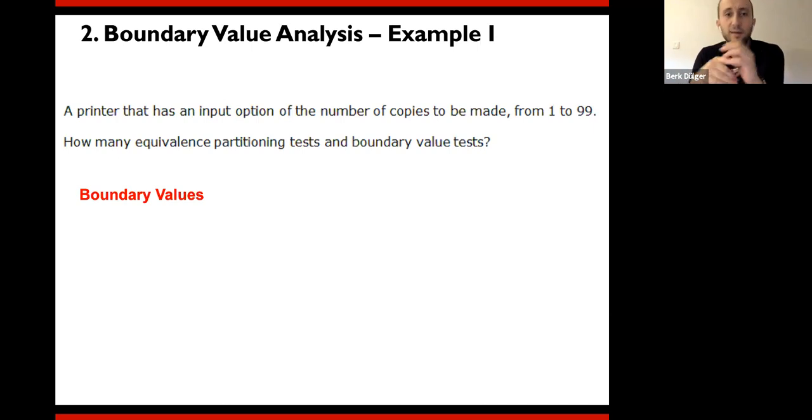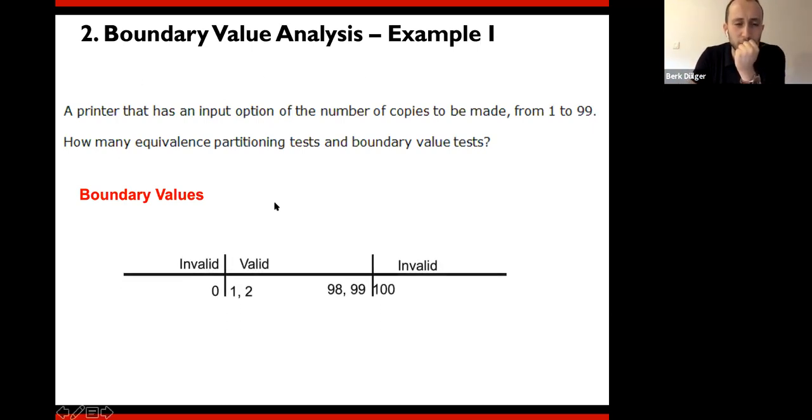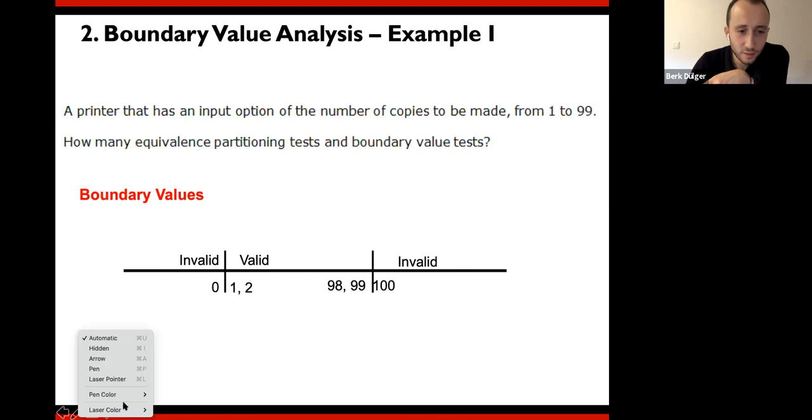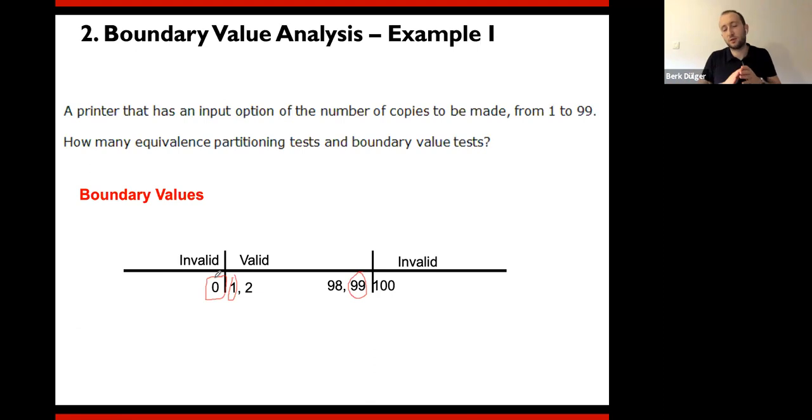Okay, there are answers for the questions, by the way. If you are using 2-point analysis, it is 1 and 99 as boundaries, and outer adjacent values 0 and 100.